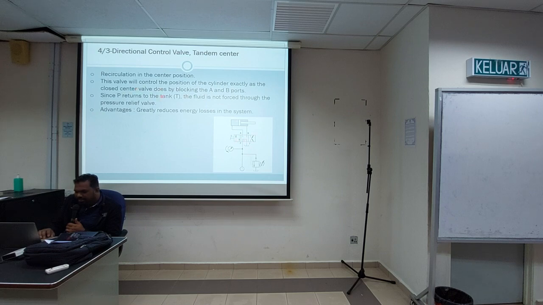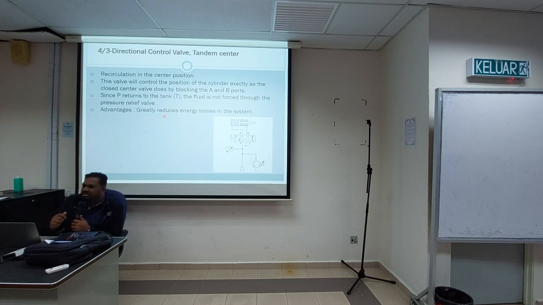Okay. So since P returns to the tank, the fluid is now forced through the pressure relief valve. Dia tekan lalu. Okay, so it greatly reduce the energy loss. Okay, so energy loss in a system is quite crucial. Sebab untuk hydraulic apa yang berlaku, so if you have energy loss, so kelikatan minyak tu akan kurang, so you need to service more.